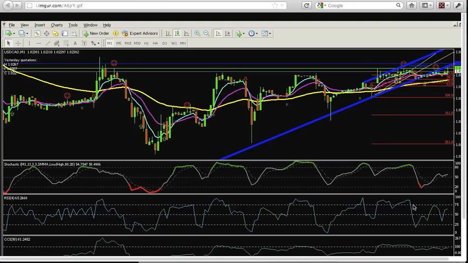I often do that, but I didn't save any images. I'll think of doing that next time this comes up. Usually I'll use my 1-minute for entries, but I'll also be looking at the 5-minute chart and the 15-minute chart on occasion. I don't really look at the 30-minute chart because I'm usually looking at the hourly chart. And that, coupled with the daily chart, are my key charts that I like to look at when I'm looking at an underlying asset.